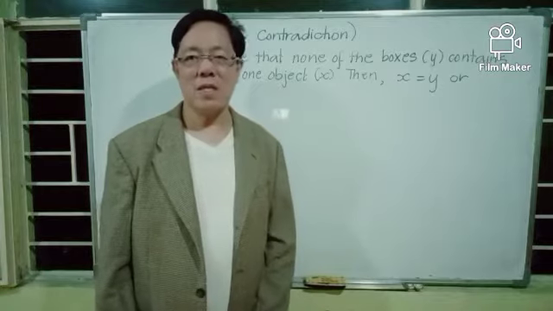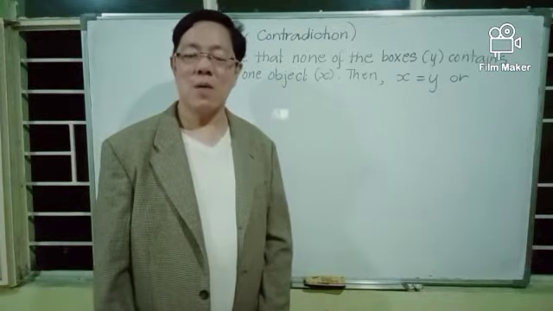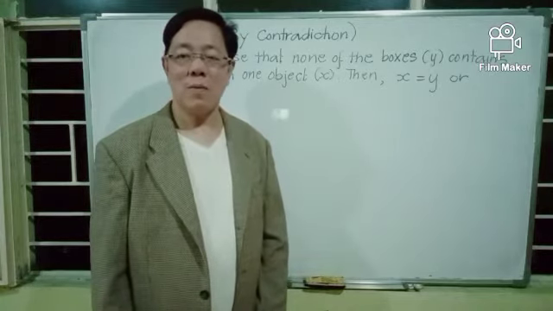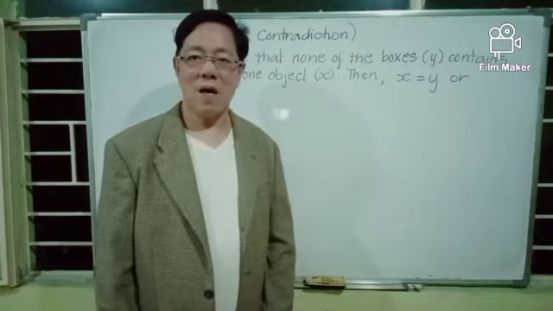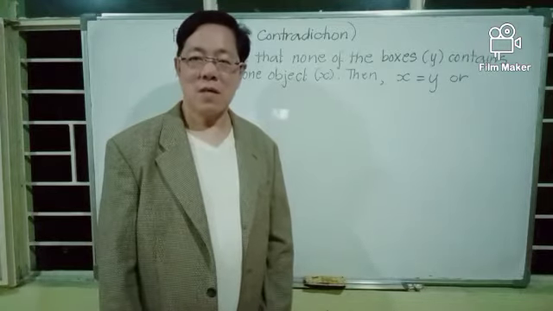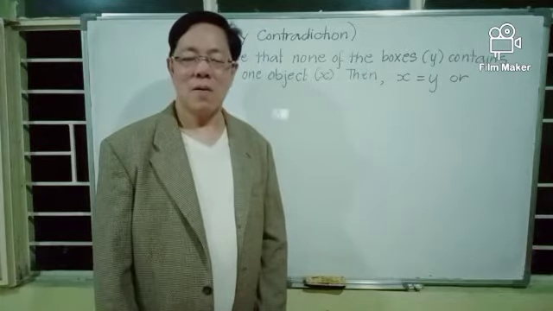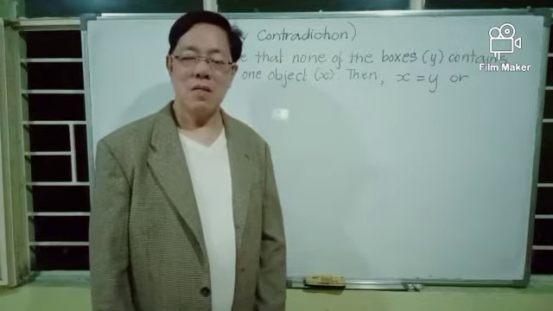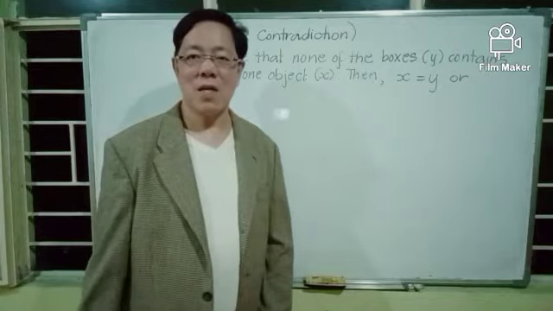The other possibility is that some of the Y boxes contains exactly one object, and the other boxes contain none of the objects. That is, exactly one object is placed in some of the boxes, and no object is placed in the other boxes.